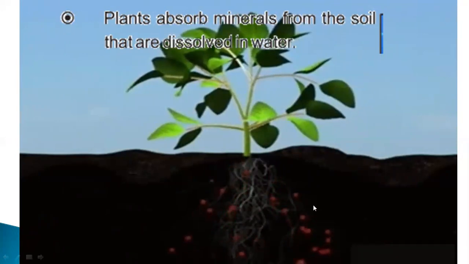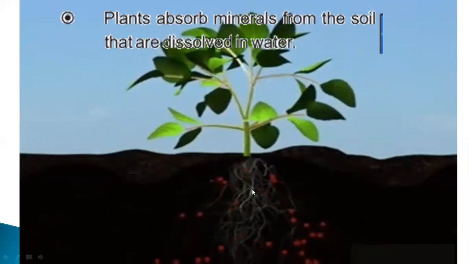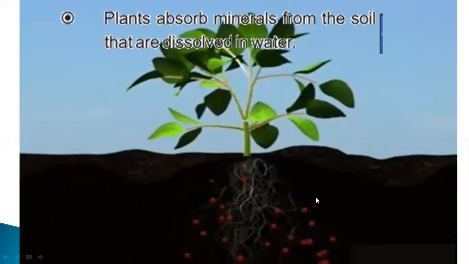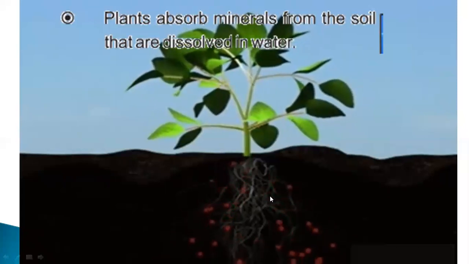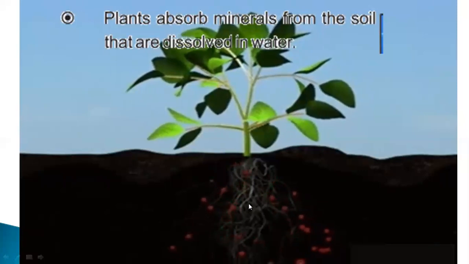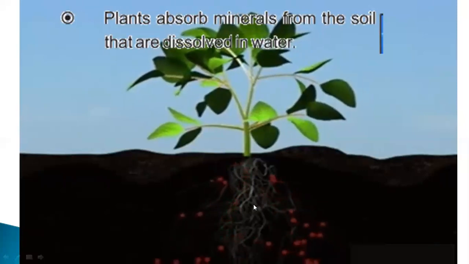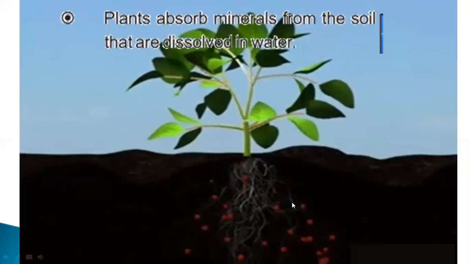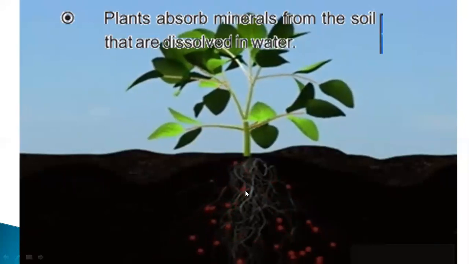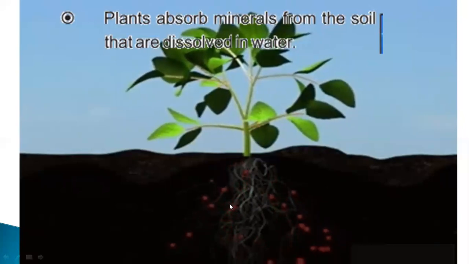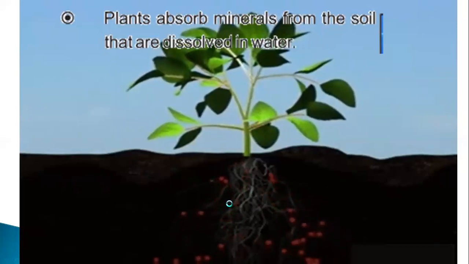You can see the minerals taken up by the roots, it's not visible here, but they are dissolved in the water, and then the roots suck them up like straws. Like we drink juice or water by the straw, they suck up like this, because they are dissolved in the water, and then plants can grow well.